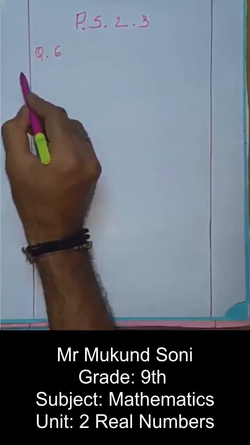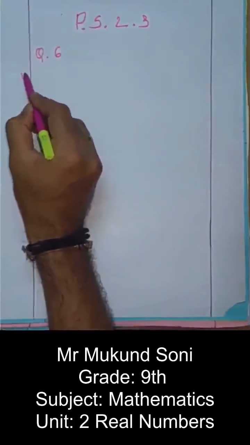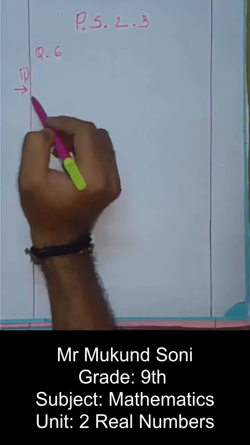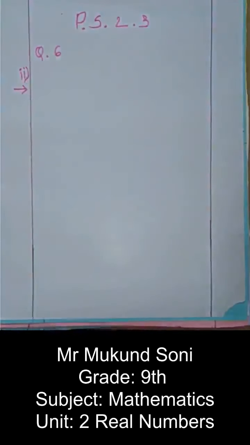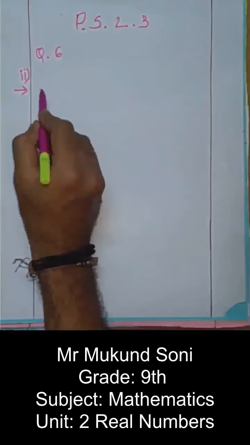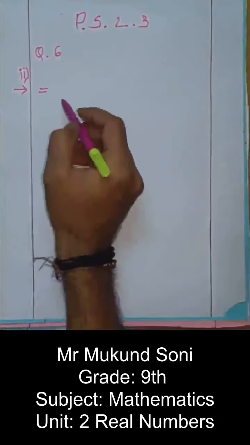In question number 6 it says simplify, and here we go, say with the second example. Do not forget to write the question and sub-questions properly. Now in the second question, rewrite the question first with an equal to sign before writing it.